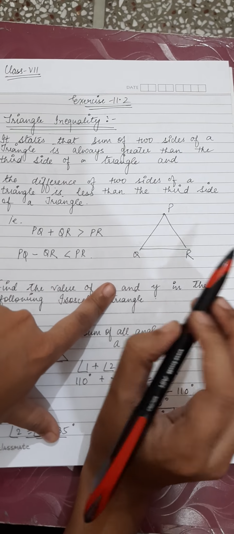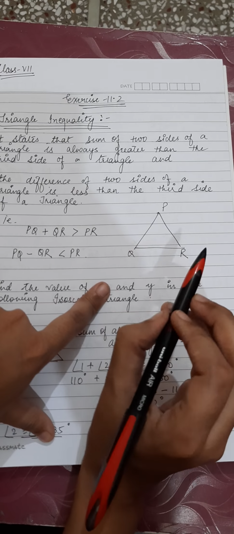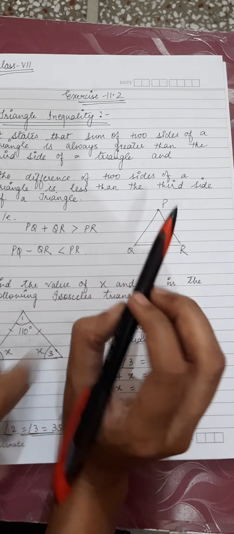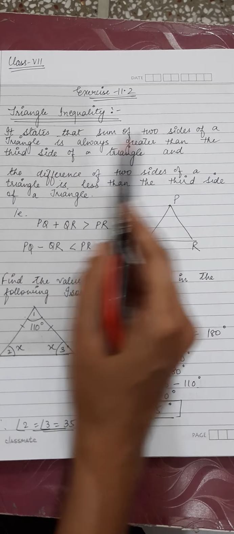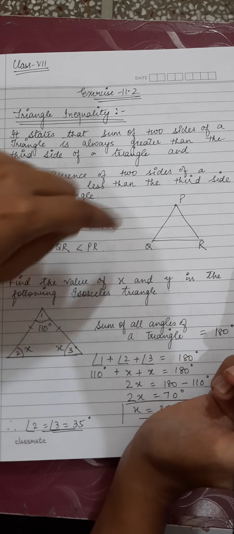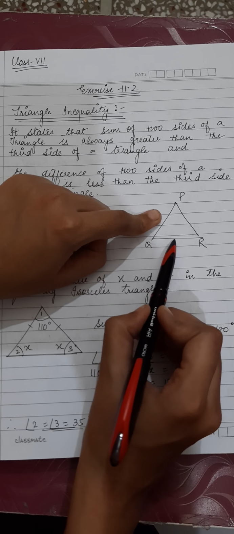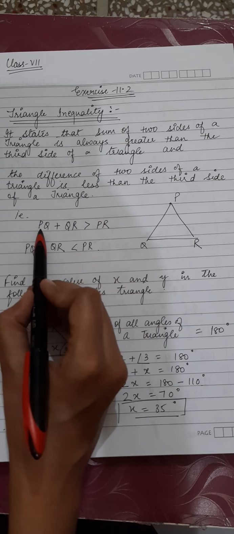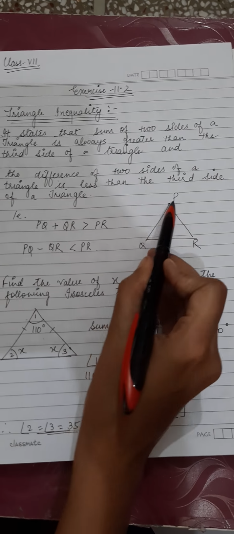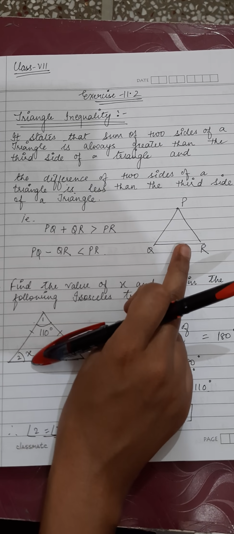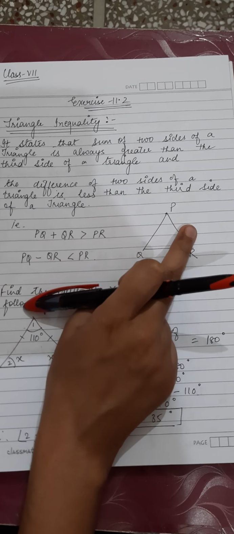The third side is the one which I have not taken, here QR. So the sum of two sides of a triangle is always greater than the third side of the triangle. If I take PQ and QR, I can take any two, and add them, PQ plus QR, the sum will always be greater than the third side.